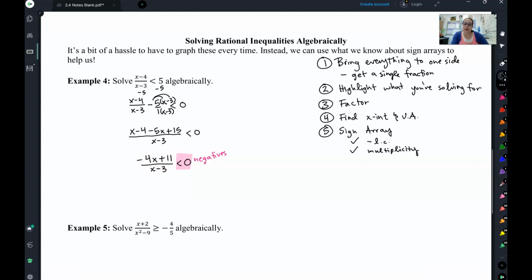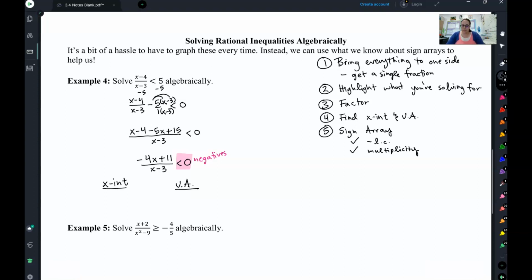Step 4, we find our x-intercepts and vertical asymptotes. If you remember back in 2.6, we only found x-intercepts because polynomials don't have vertical asymptotes. But I told you back in 2.6 to write both in your notes because in the next chapter we would have to find both. Well, we are now in the next chapter. So we do need to find both the x-intercepts and the vertical asymptotes.